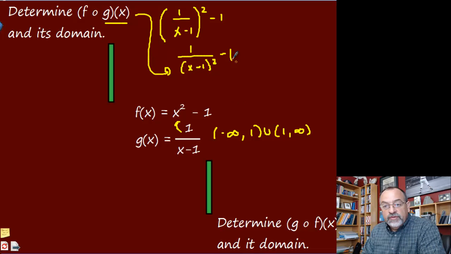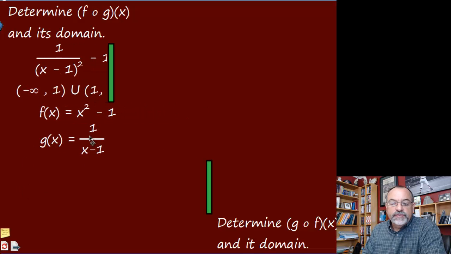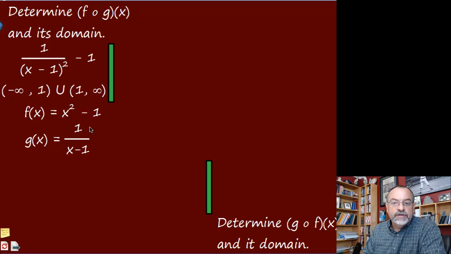The domain of this new function is the exact same as the original g of x function: all real numbers except for 1. If we slide this over, we can see that it's all real numbers except for 1.